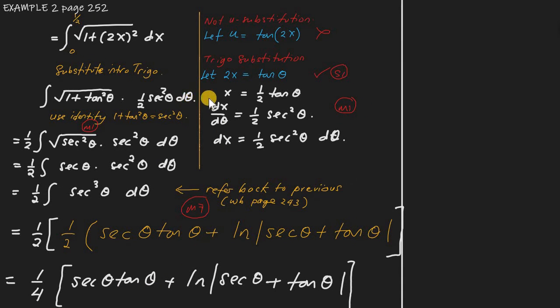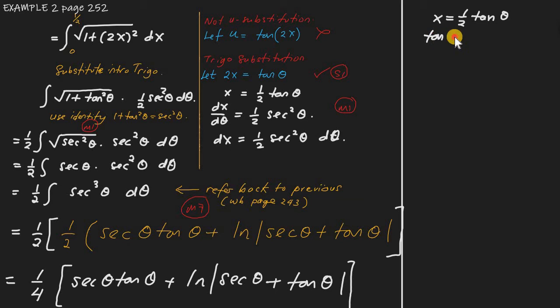But first, what is the relationship between x and theta? Let me quote back the x that we have substituted just now. x is half tangent theta. So we need to replace and get the theta.